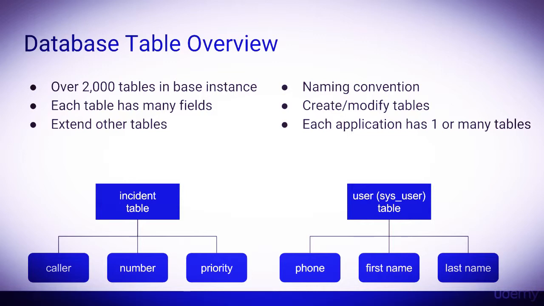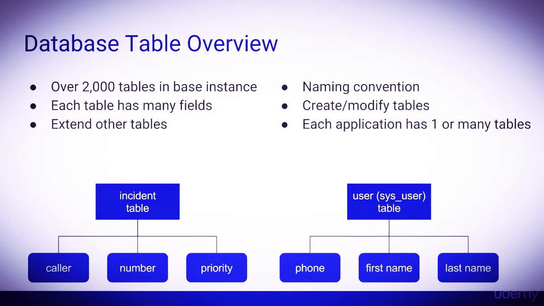In the diagram below, we see two tables, the incident table and the user table. The user table's system name is sys_user. Most of the tables that relate to information about the instance, such as users, groups, and roles, start with sys_.